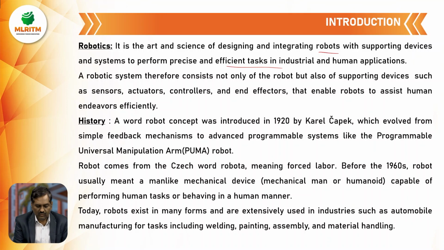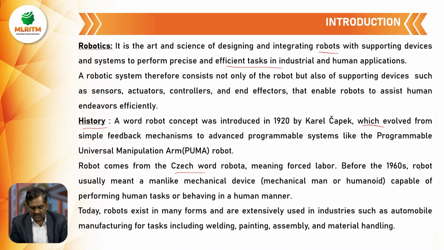Coming to the brief history, the word robot was first introduced in 1920 by Karel Capek. The concept evolved from simple feedback mechanisms to advanced programmable systems like the PUMA robot, that is the Programmable Universal Manipulation Arm. The word robot has come from the Czech word robota, which means forced labor.